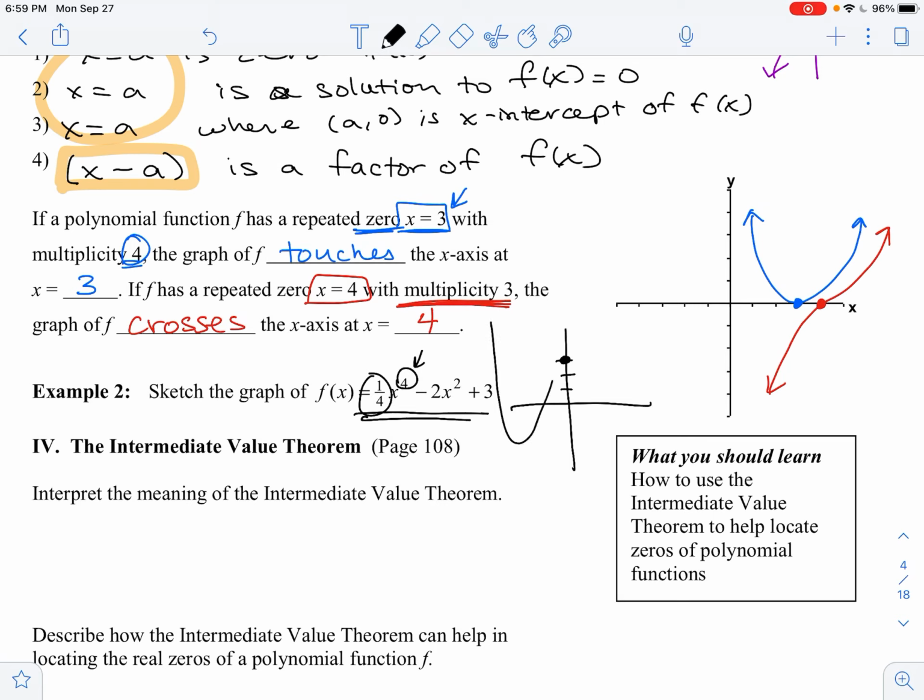It could look kind of like a W. Do you see here? So we end to the right up, the left is going up, and we changed direction. This is a 4. It can have 1, 2, 3, 4 zeros. And we have this y-intercept value of y equals 3.